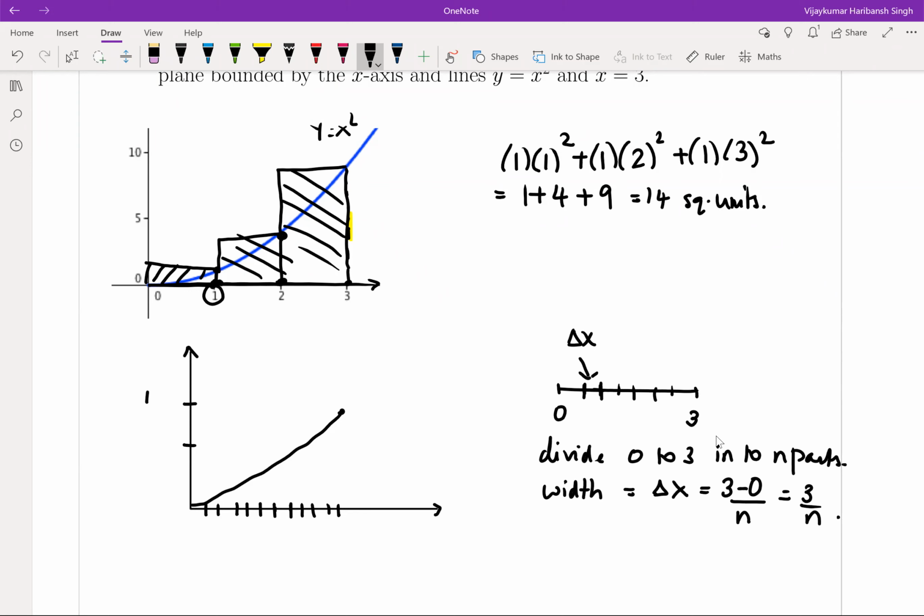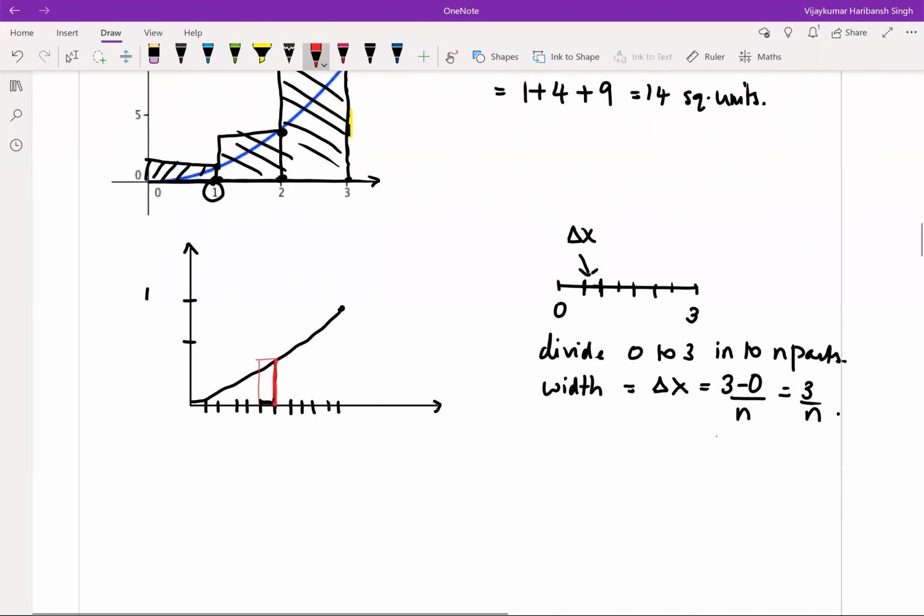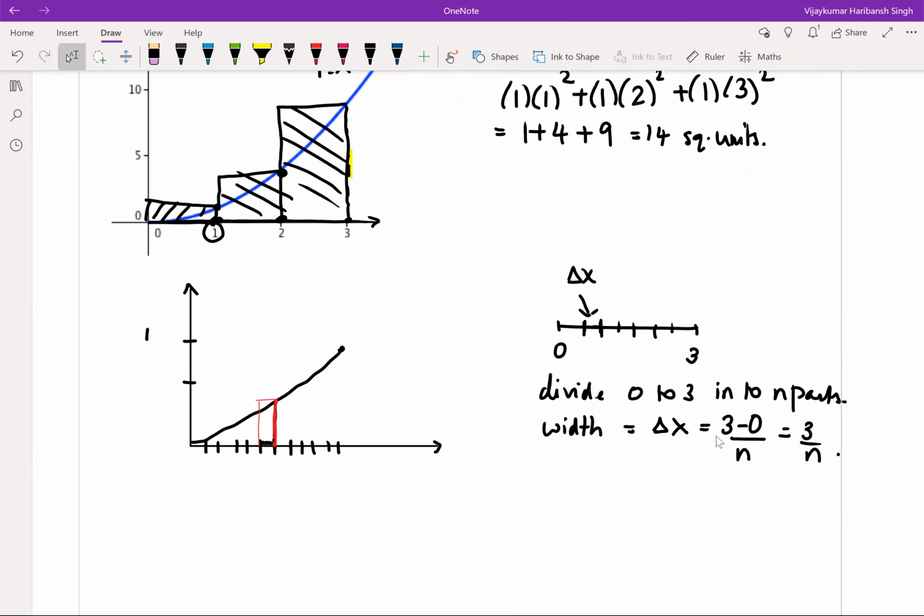And now we are choosing the right hand for the height. So for this rectangle here, we'll choose the right hand point for the height. So we are choosing the right hand value for the height. So what is the value of this one? So the height is going to be, so you divided this into 0 equals x0, then x1, less than xn equals 3.